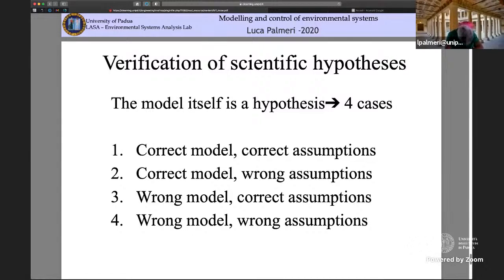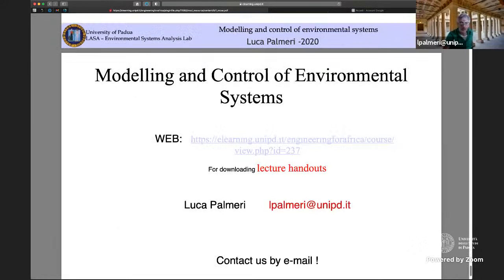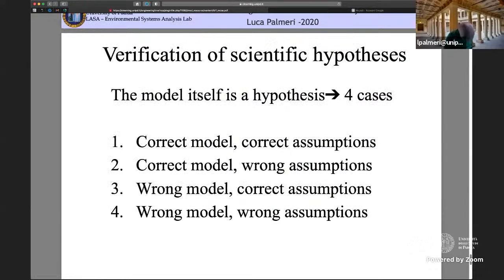This means that our understanding of a system is incomplete. The nightmare for the ecological modeler is having a wrong model based on wrong assumptions. This way, you are really lost in the clouds, lost in the fog.